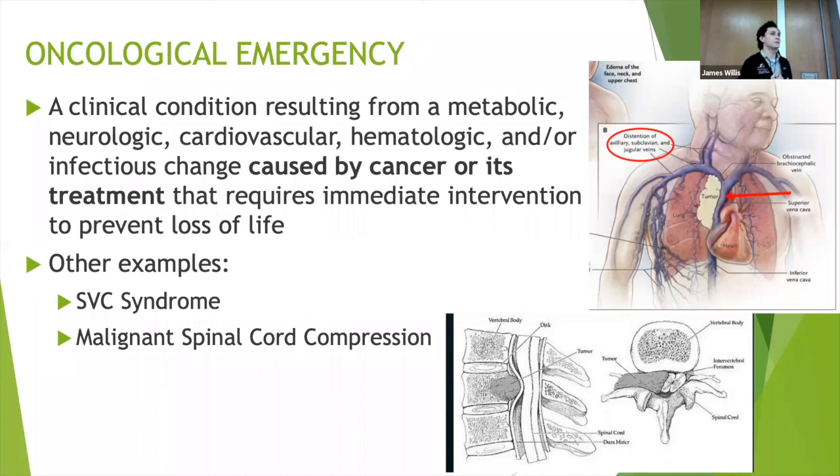So essentially, remember that both the cancer and the treatments, you have to think about both and how they affect the patient, because either could be the reason why this patient is presenting with stroke or a pericardial effusion. Other examples would be SVC syndrome and malignant spinal cord compression. So just understanding that just because you have the diagnosis doesn't necessarily mean that you know why it's happening, and just keep this in mind with patients who have cancer or suspected cancer.